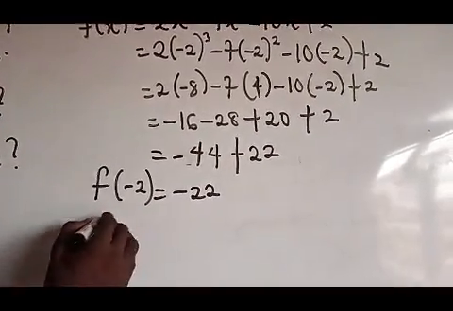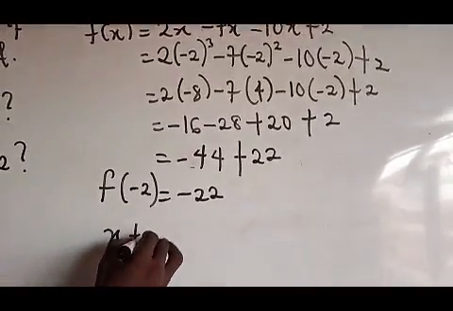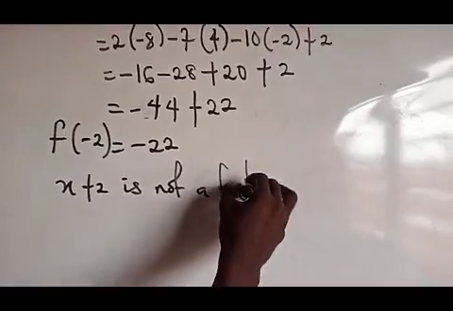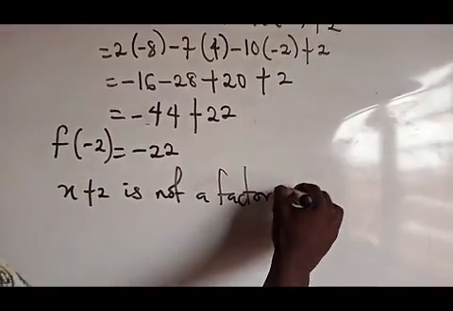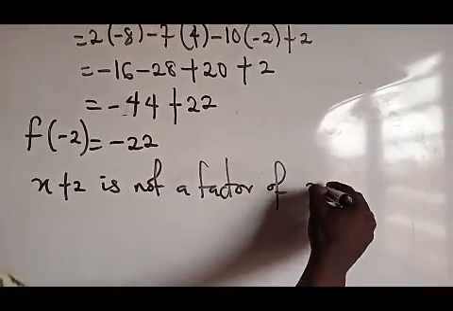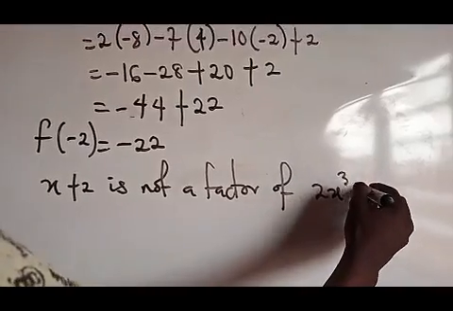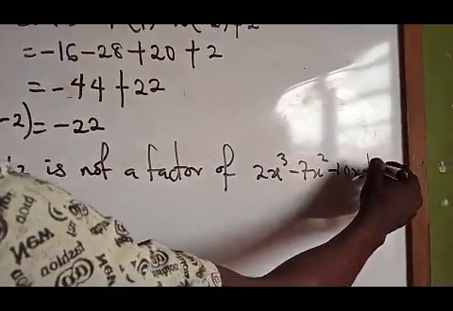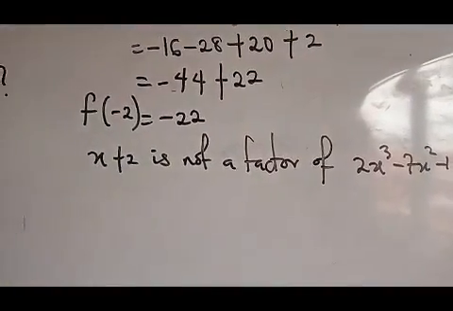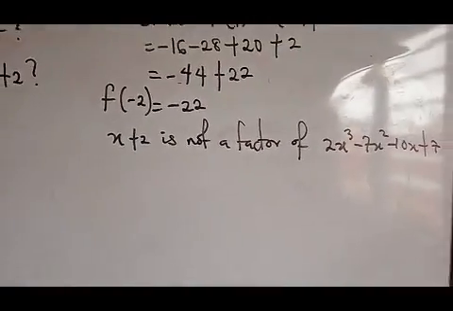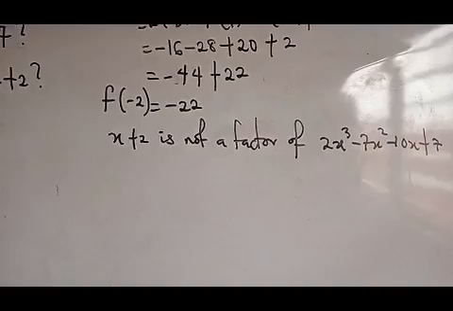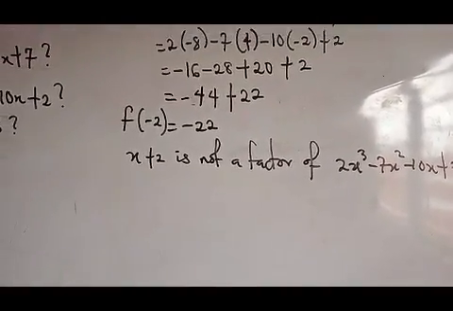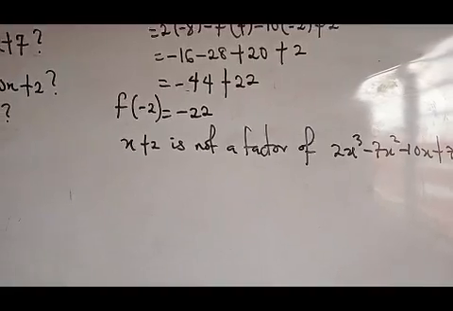No. So x plus 2 is not a factor of 2x cubed minus 7x squared minus 10x plus 2. The only moment it can be a factor is when it is equal to 0. Don't forget, the examples we have been solving now are not equal to 0.